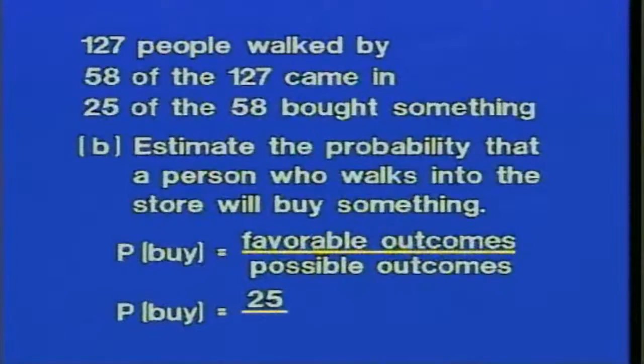The sample space here for this part of the problem involves identifying the people who walk into the store. You see, it says estimate the probability that a person who walks into the store will buy something. The people who walk into the store, that would be 58 people that walked into the store, you see. So the probability number is 0.43.